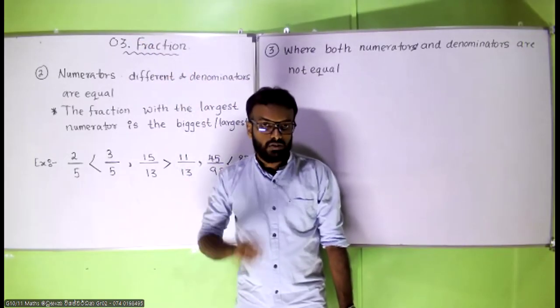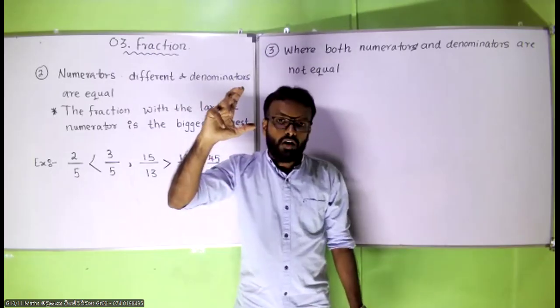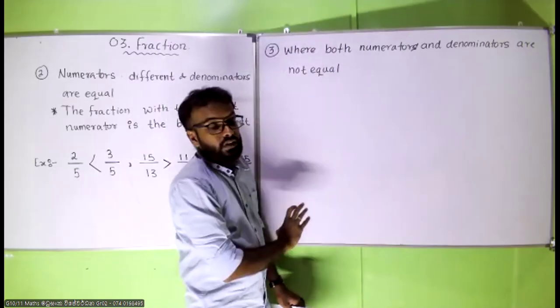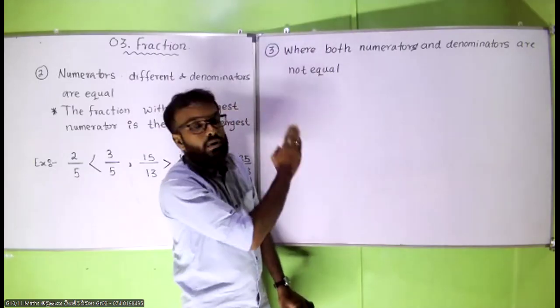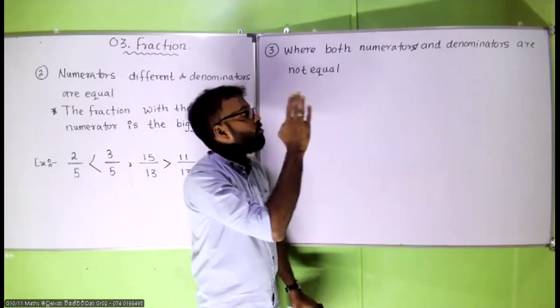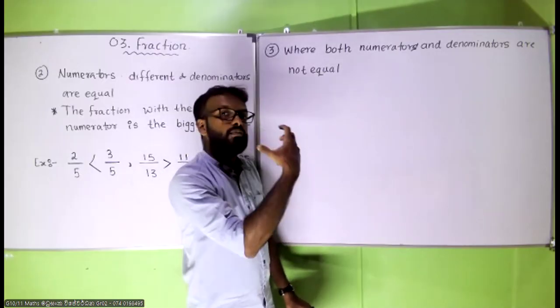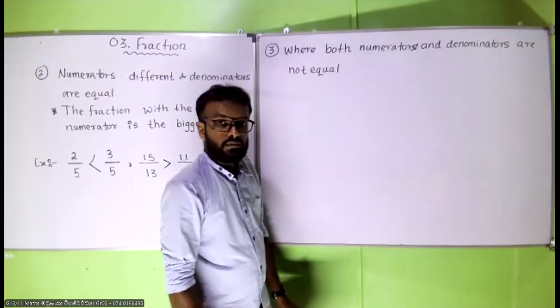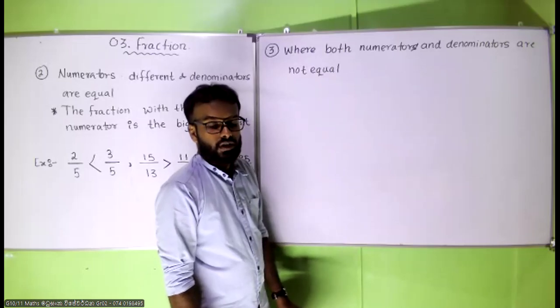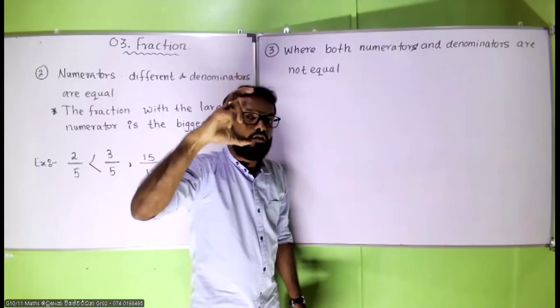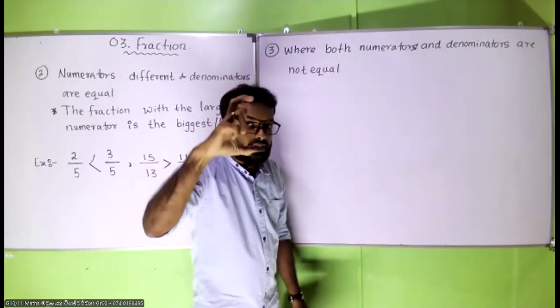So when you have this kind of situation where both numerators and denominators differ from each other, you need to make sure that you have equal denominators.